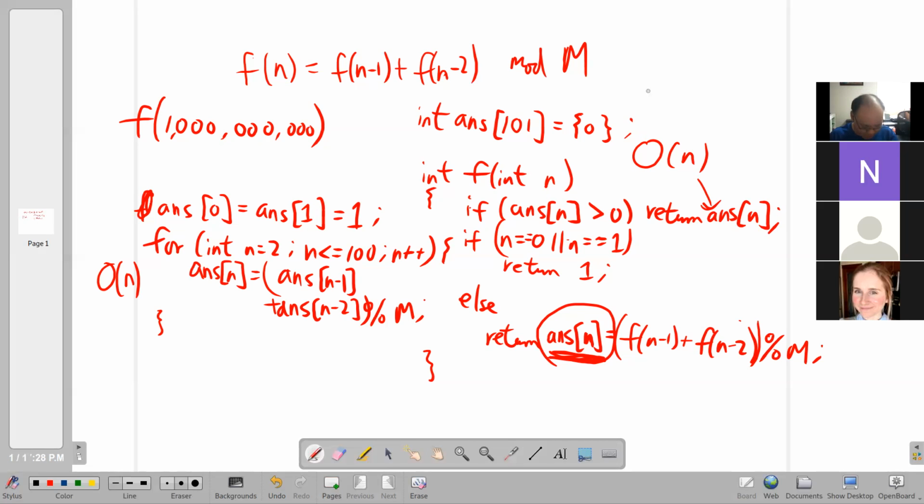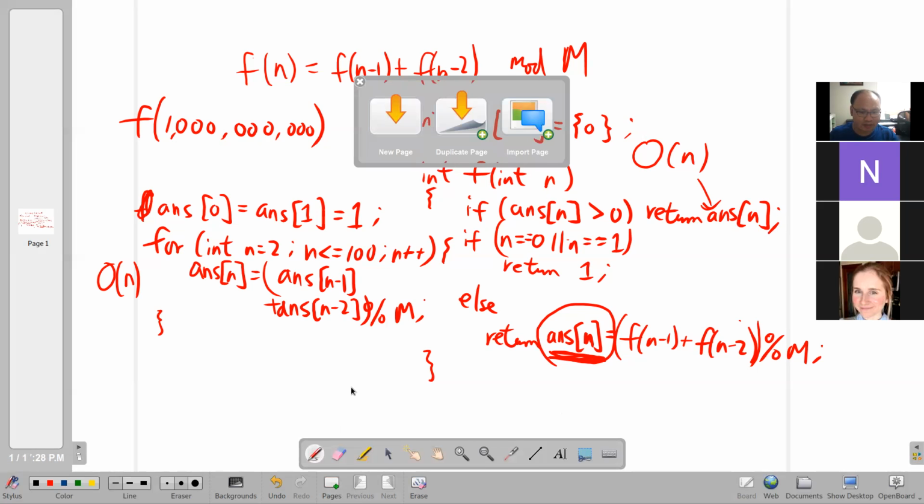Now, I don't remember if I have ever told you how to compute f of 1 billion quickly. Have I? Anybody remember if I have? I don't think so. Okay, I might not have.